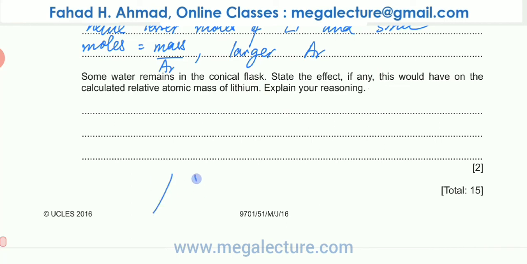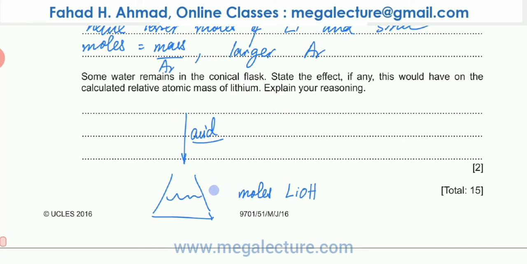Now, what would happen if, let's say, there were X moles of lithium hydroxide that you have transferred into the conical flask. So there's some amount of lithium hydroxide that has been transferred to the conical flask, and you're adding the acid and titrating it with the acid.